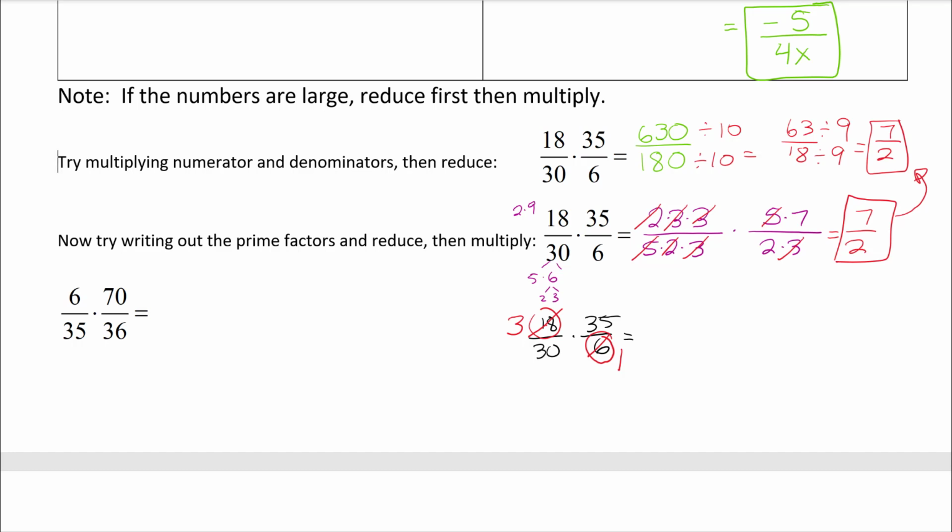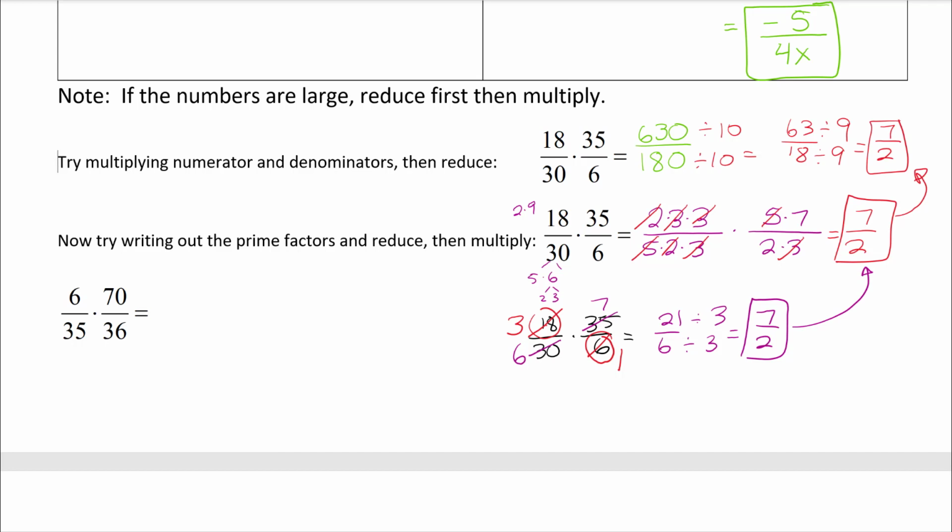It's actually even faster. 30 and 35 can both be divided by 5, so if I take 30 and divide it by 5, that gets me 6, and 35 divided by 5, that's 7. So on the top I'm getting 21. 3 times 7 is 21. 6 times 1 is 6. Now that can still be reduced, right? Looks like by 3. 7 over 2. Look at that. It's the same answer done 3 different ways.